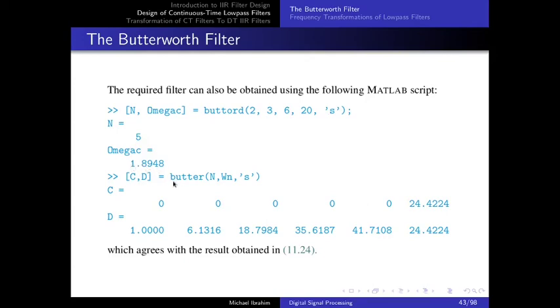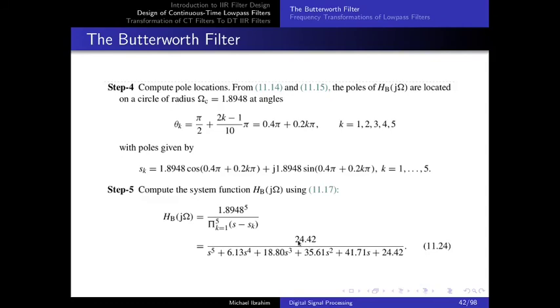And using the command butter will give us the polynomials in the numerator and the denominator. This polynomial over here is the polynomial in the numerator, which has no s in it, only the constant 24.422, which is omega c to the power 5.